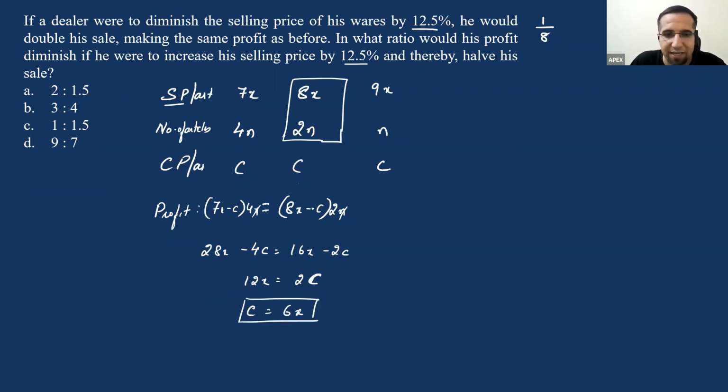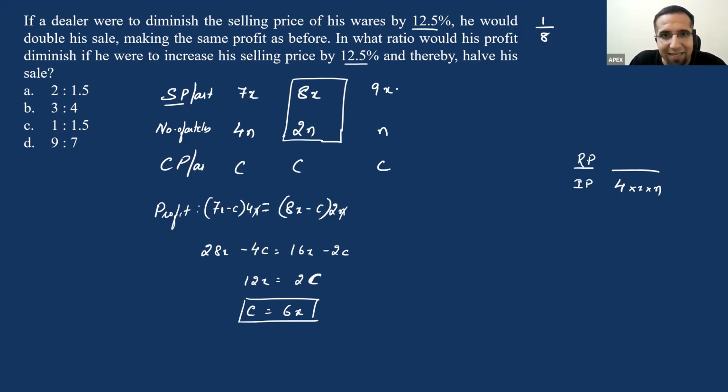If the value of c is 6x, what is the profit that we are making? 8x minus 6x is 2x, 2x into 2n will be 4xn. So the initial profit is 4 into x into n.